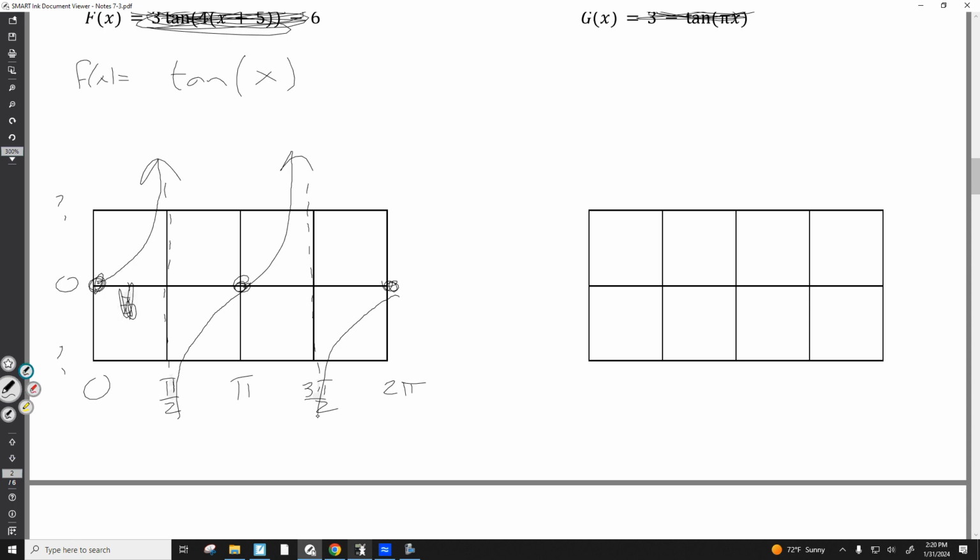Now, what would happen if g of x is negative tangent 2x?